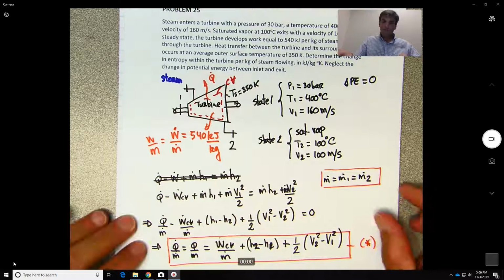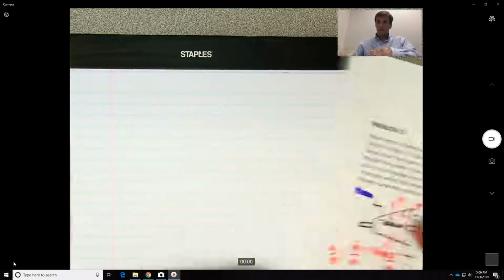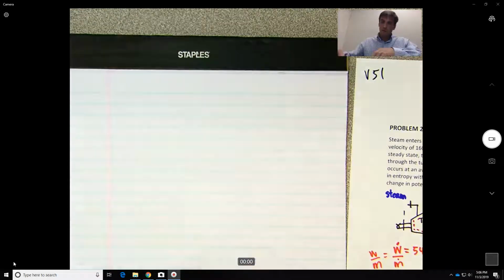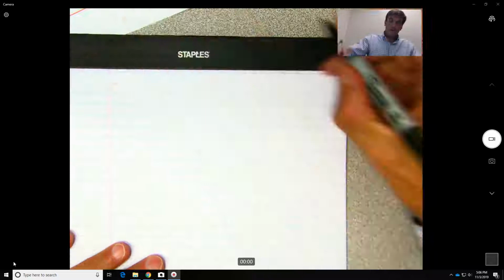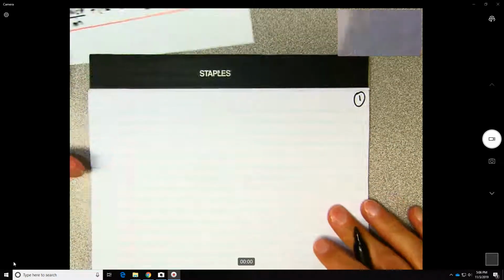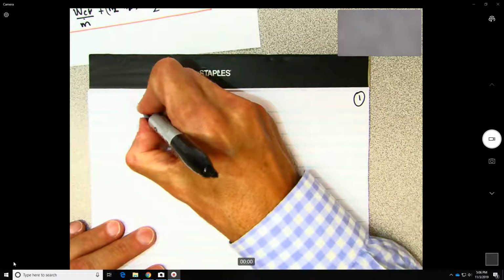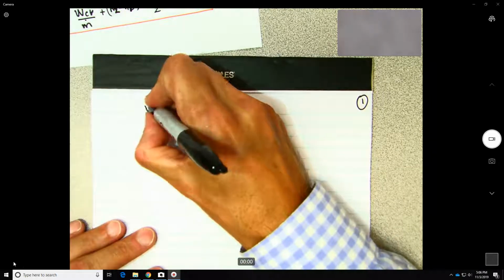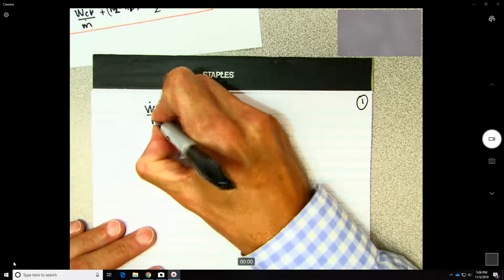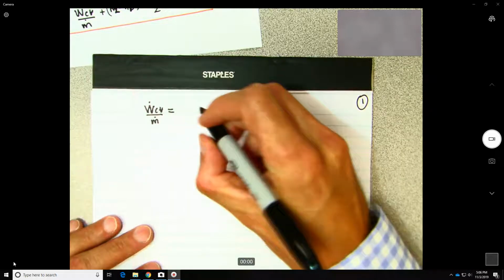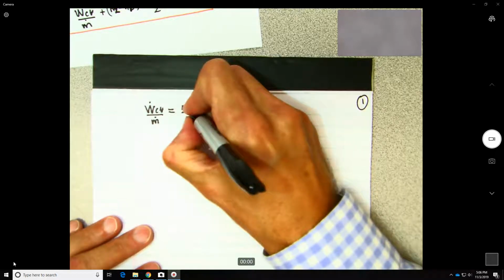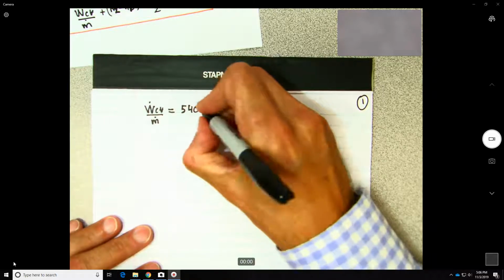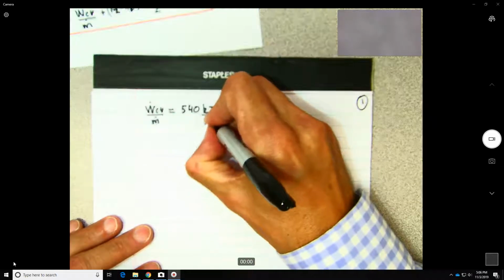Okay, so in this equation, what do we know? We know that the work, or the power per unit mass, is equal to 540 kilojoules per kilogram.